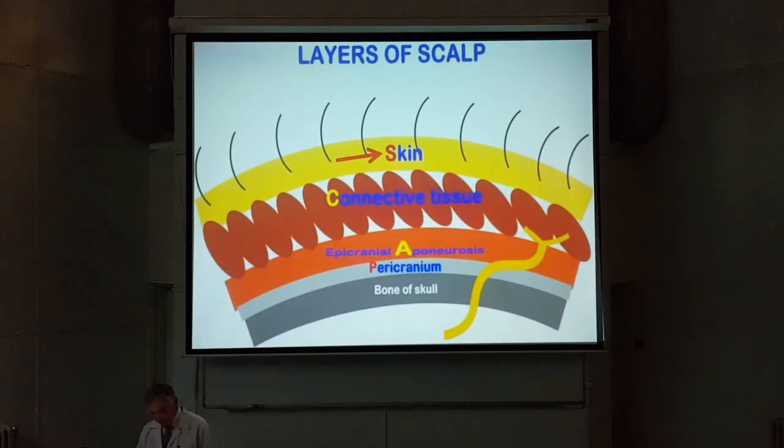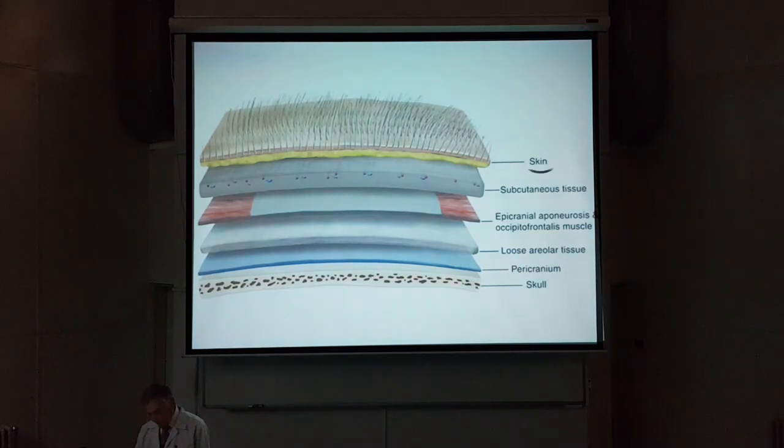These are layers of the scalp. It's the skin, connective tissue, aponeurosis of occipitofrontalis and pericranium. This diagram showing the skin, subcutaneous tissue. Subcutaneous tissue has good collection of blood vessels, arteries, and veins and nerves.